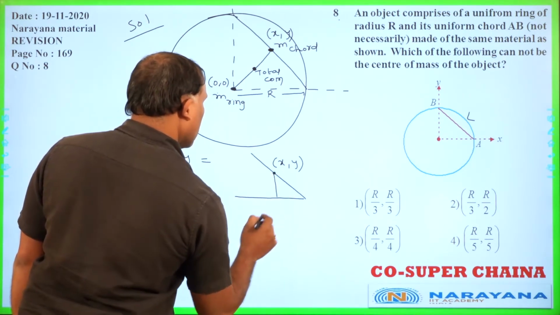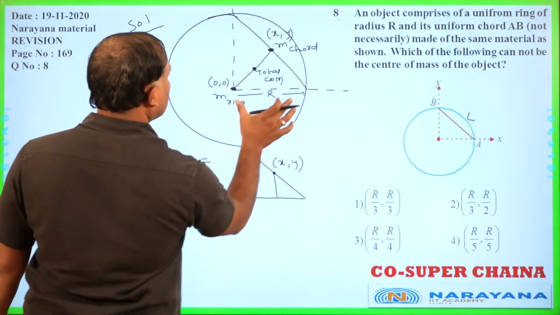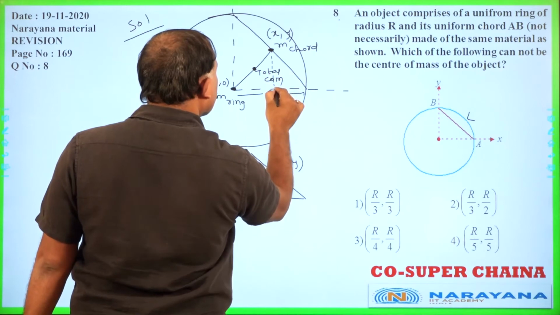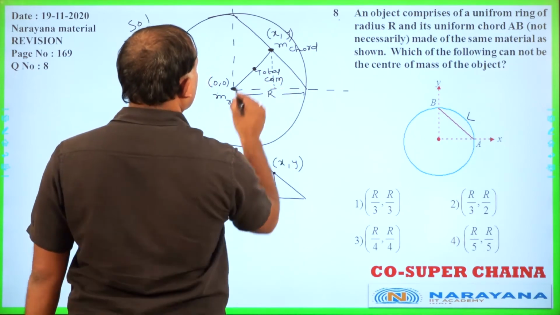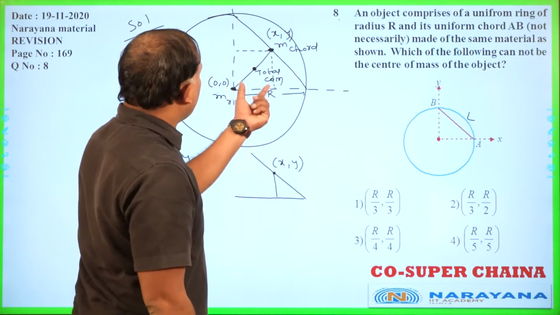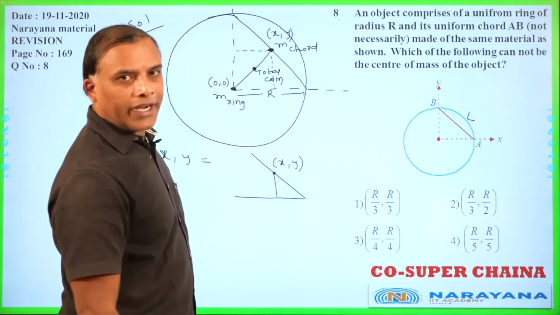This is radius R. Now I want the position of this one. This is the x coordinate and this is the y coordinate.